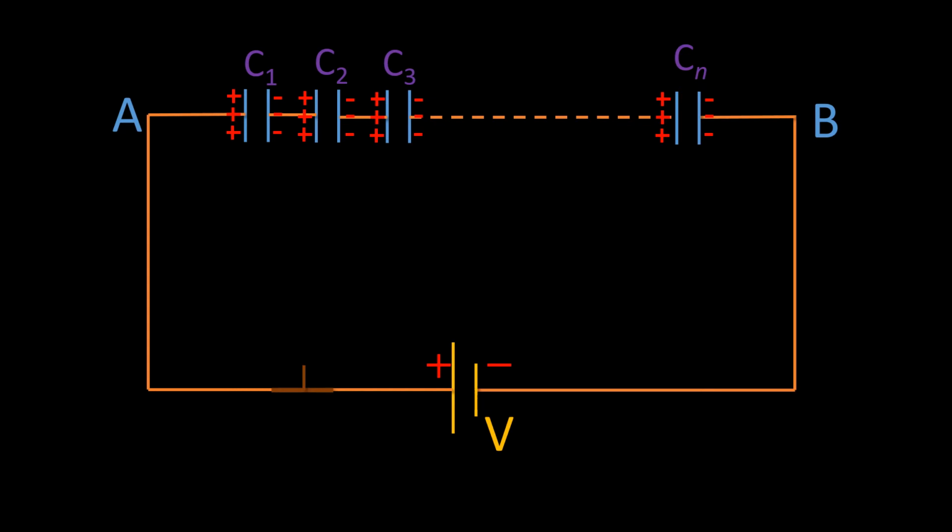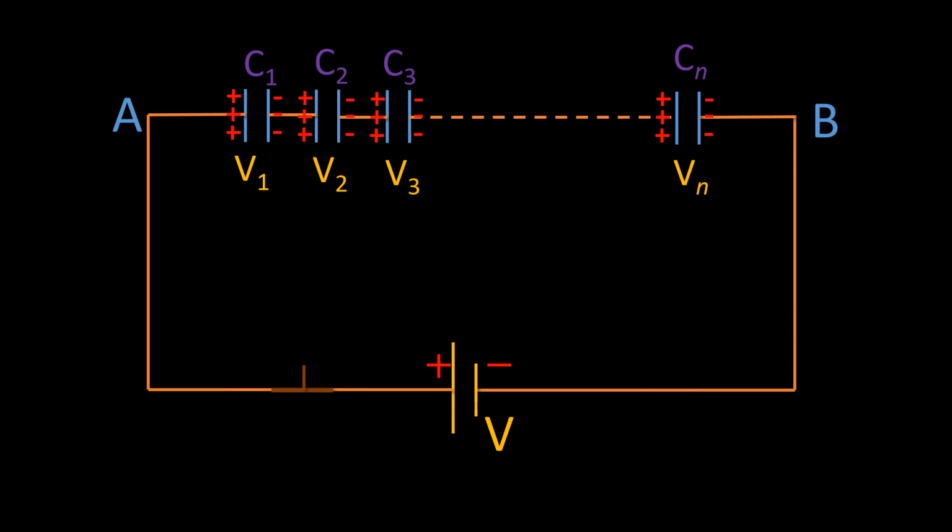So a series combination is a combination in which capacitors are connected in such a way that the charges on all the capacitors are the same, and potentials are divided. So if you have V total potential, and V1 is the potential across the first one, V2 across the second, V3, Vn, and so on, then V1 plus V2 plus V3 up to Vn, if you sum up all these potentials, you will get the total potential of the battery, that is V.